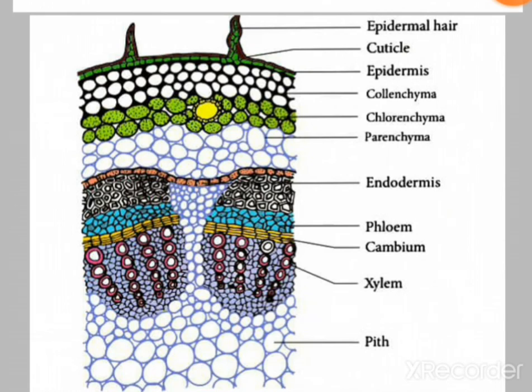In dicot stem, the xylem is end-arc in nature because the protoxylem towards the center and the metaxylem towards the periphery. This kind of arrangement is called end-arc. The pith is the centralmost zone which is made up of parenchyma cells which are involved in storage of food materials. That's all about the internal features of dicot stem.